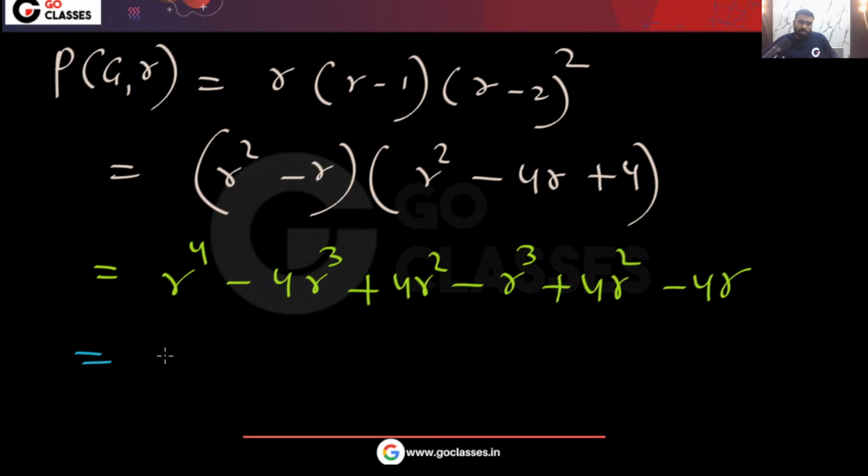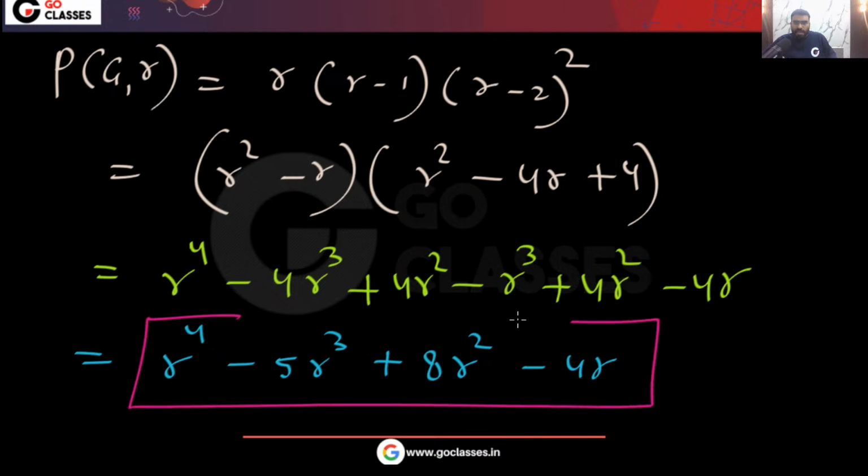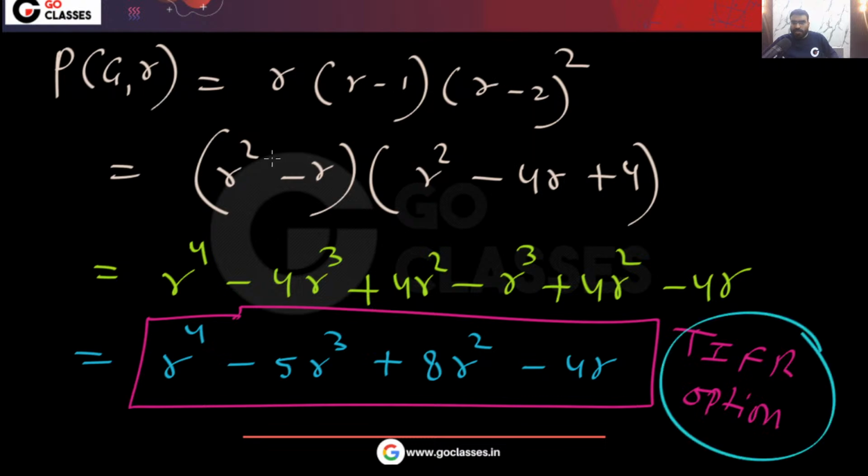So what you got? You got R power 4 minus 5R power 3 plus 8R square minus 4R. This was the option given in TIFR.